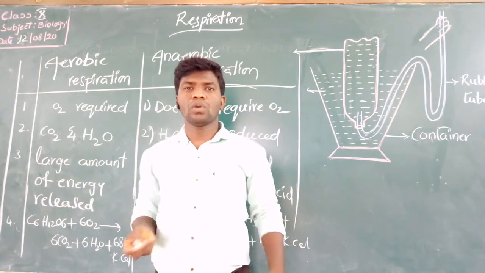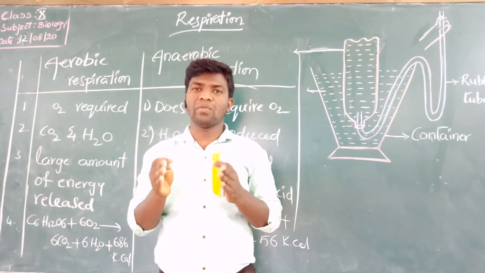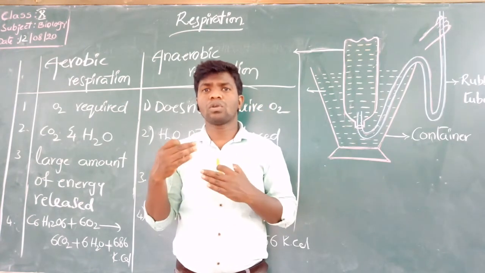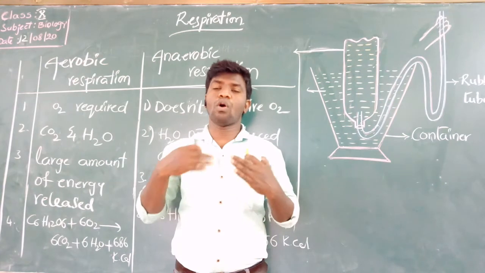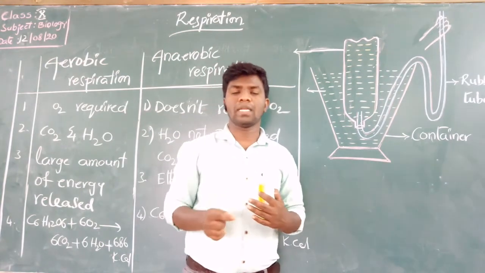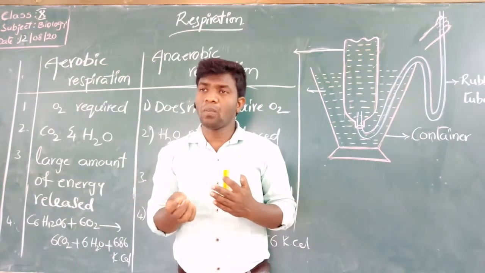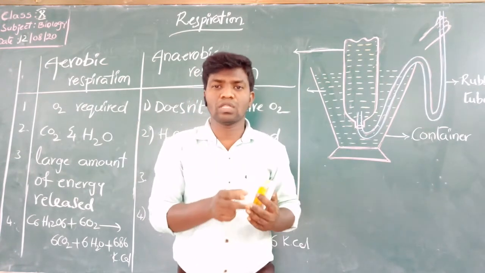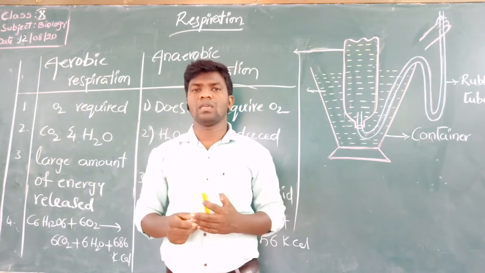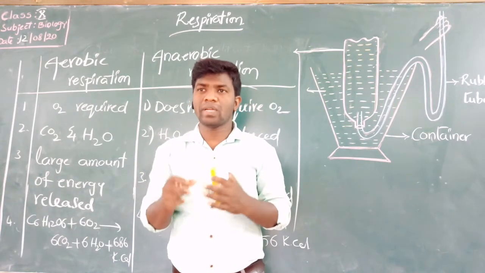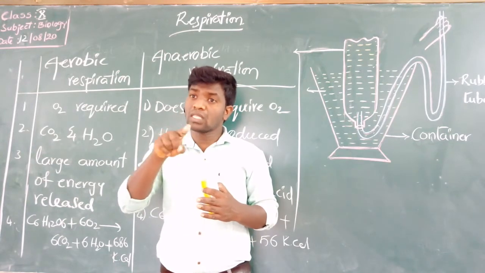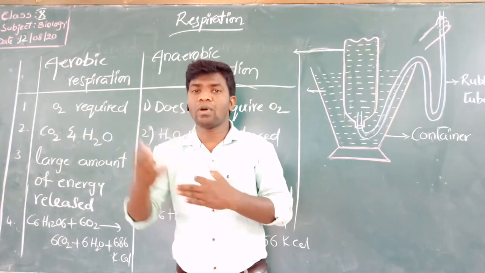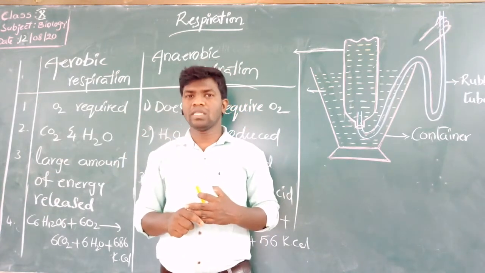Have you understood? Oxidation of pyruvic acid to carbon dioxide depends on oxygen availability. Again I am repeating, any substance chemically combining with oxygen is oxidation. So the oxidation of pyruvic acid to carbon dioxide depends upon the availability of oxygen.